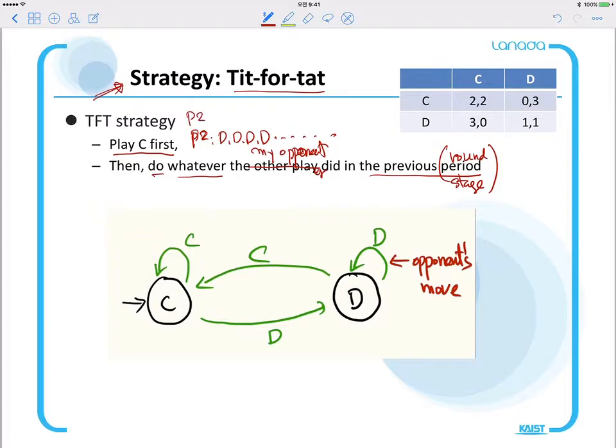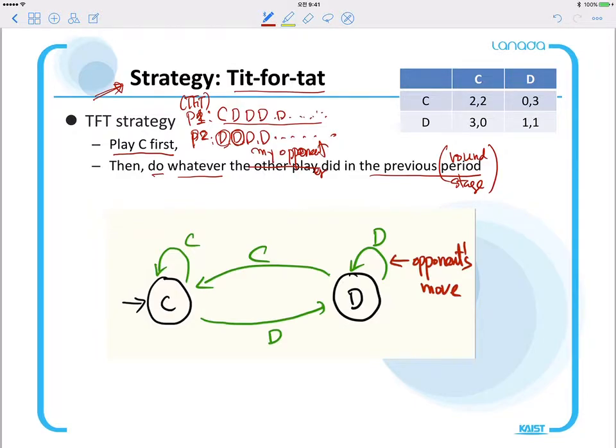So what would be the sequence of player 1 if player 1 chooses Tit for Tat? Well, they first start with C and do whatever my opponent did in the previous round. In the previous round, player 2 played D, so I'm going to choose D, and my opponent also chooses D, and D, D, D.